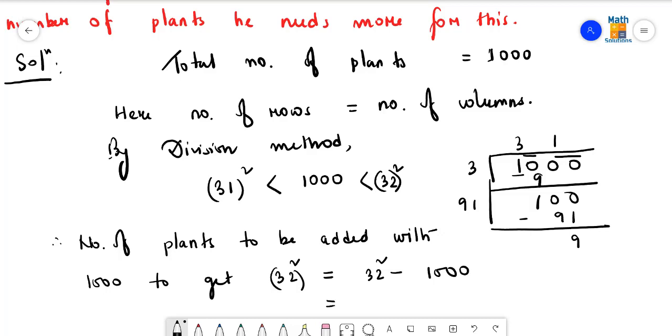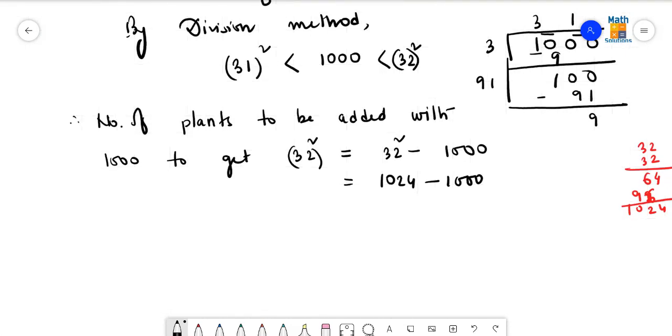So let's check what is the value of 32 square. 32 into 32, we shall get 1024. So this is 1024 minus 1000. So the remaining number of plants is equal to 24.